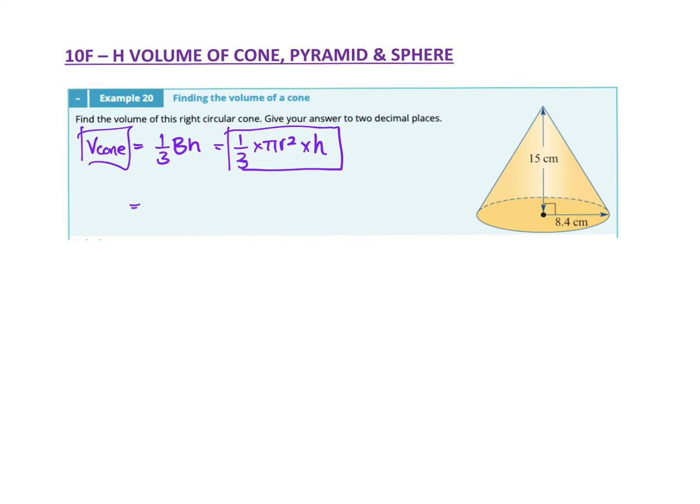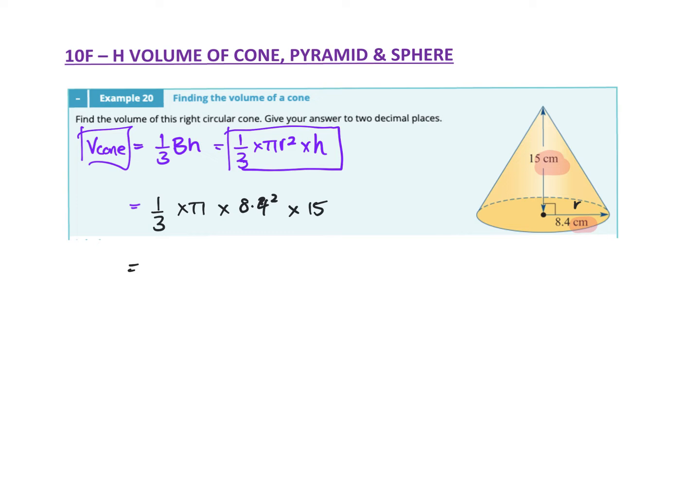Now we've got to make sure all our units are the same. They are centimetres. And obviously we can see we've got radius in our formula, and they've given me that. So all I'm going to do is plug those values in. So it's 8.4 squared and then times by height.